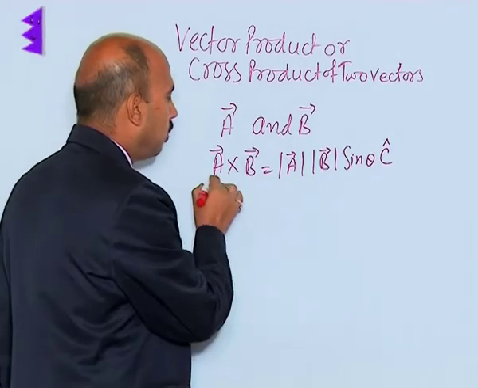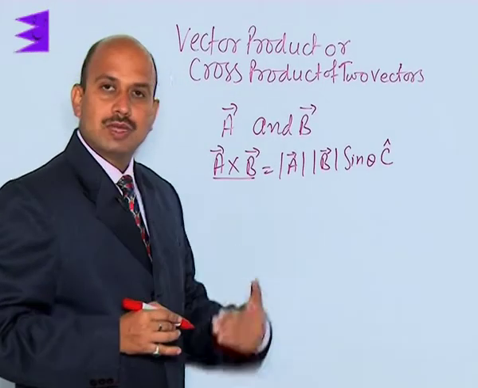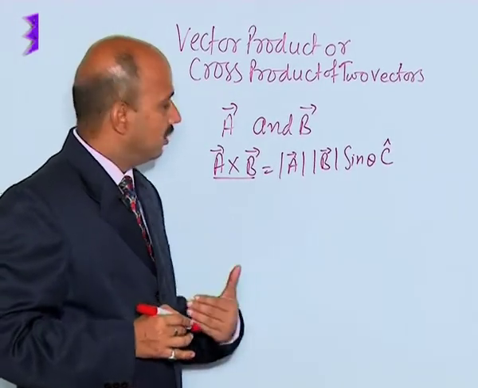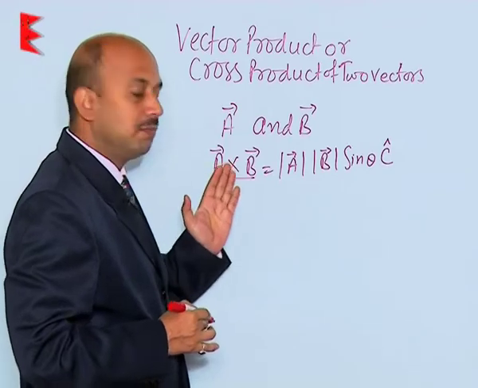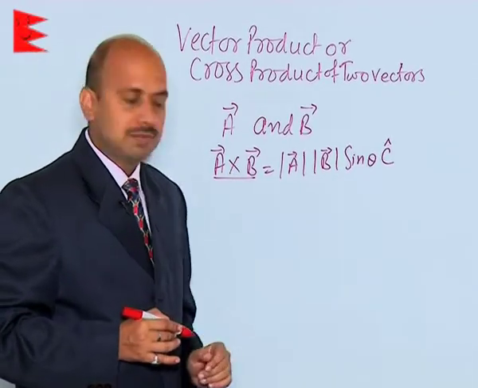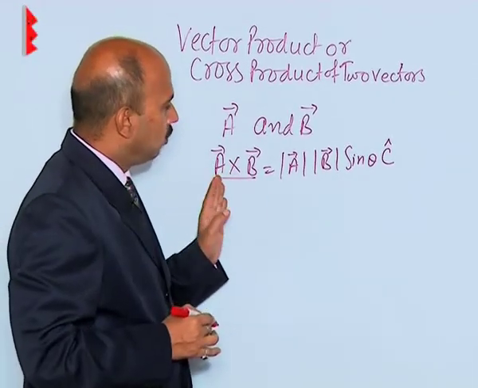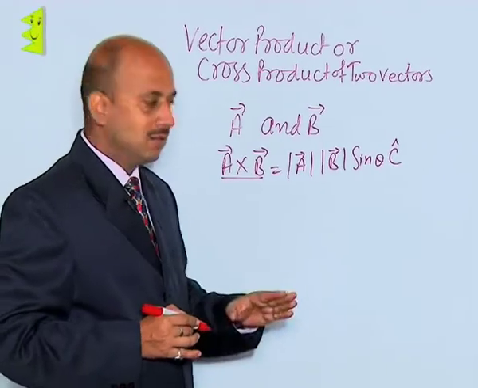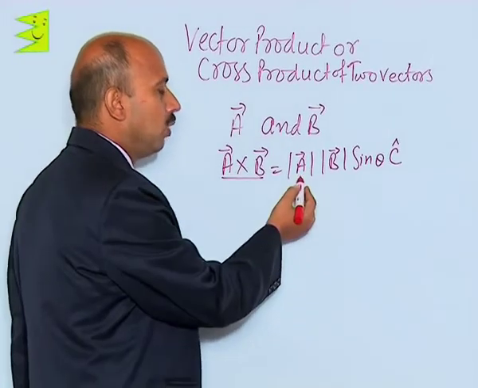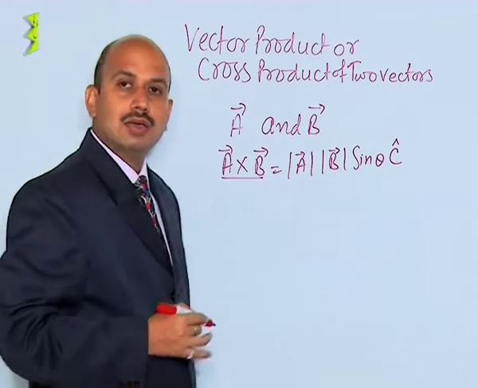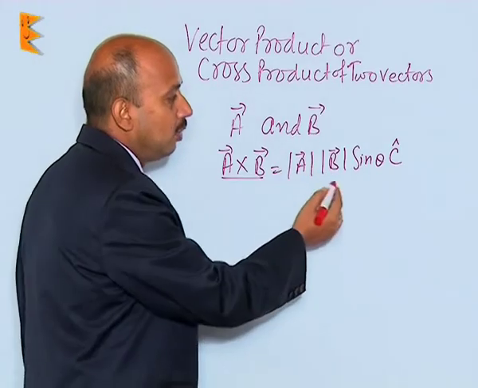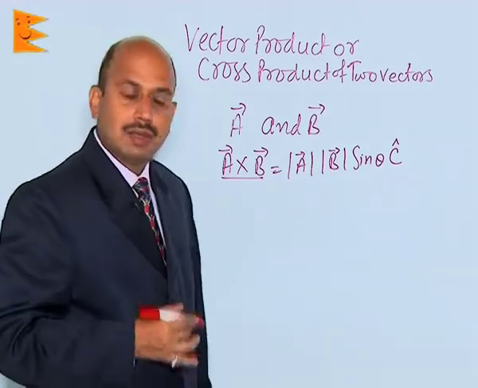So, the cross product of two vectors is also a vector whose direction is perpendicular to the plane of both the vectors A and B, and it is defined as the product of the magnitudes of the vectors A and B and the sine of the smaller angle between them.